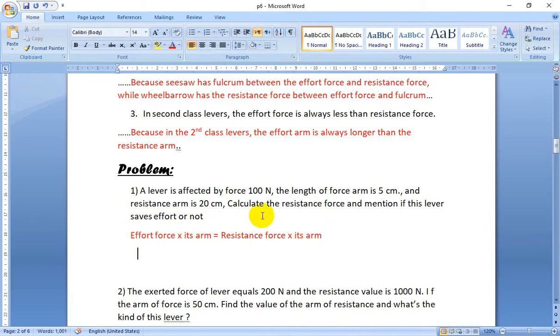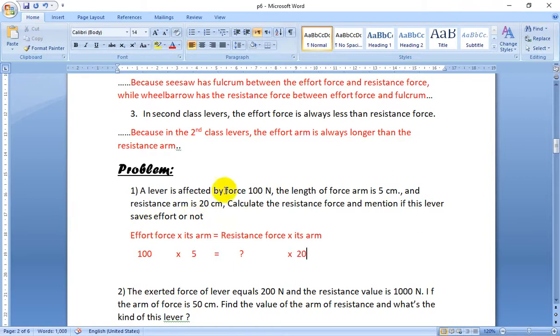Effort force equals 100 Newton, times its arm, force arm is 5 centimeters, equals resistance force, which we need, times its arm, which is 20 centimeters.